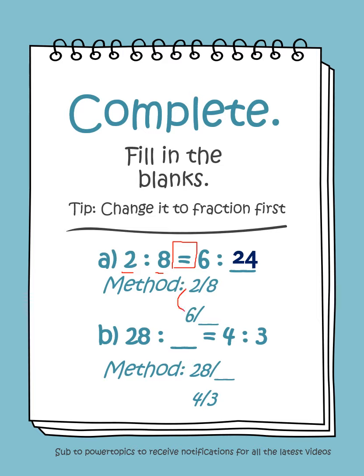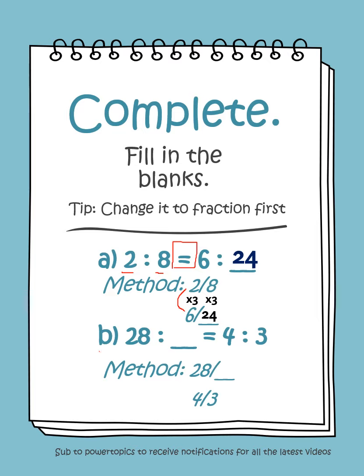These two fractions are connected, so 2 times what number is 6? It's 3. And we are going to multiply 8 by the same number as we did multiply with number 2. So it is 3. 8 times 3 is 24.